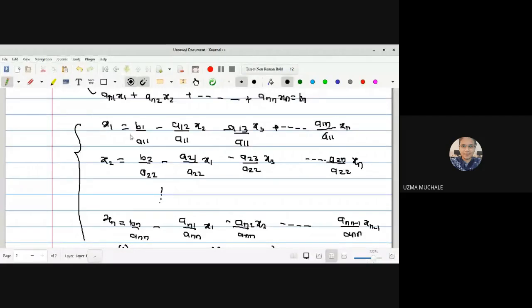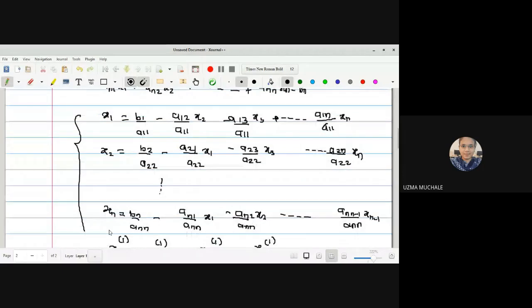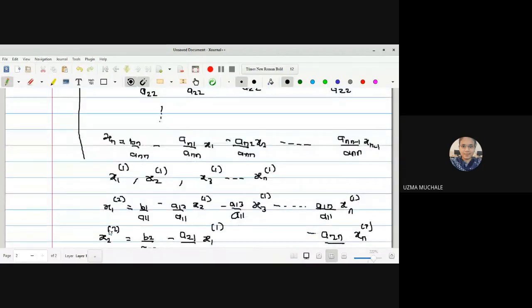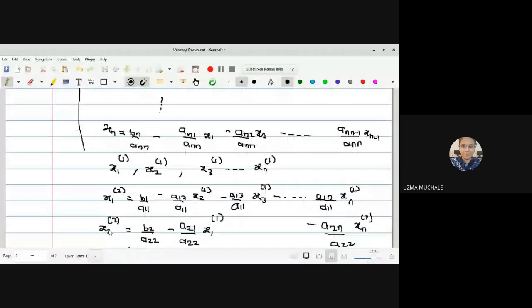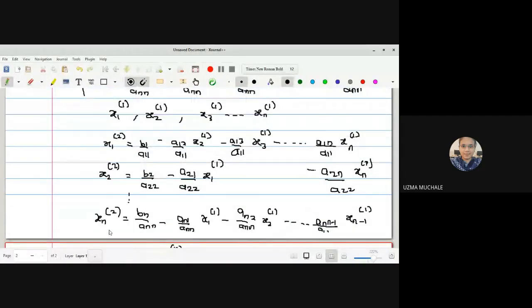So we have to put all these values in xn, and you will get the values of x11, x12, x13, and so on. This means these are the values of x1, x2, x3 we have obtained from the first iteration, and you have to follow the same procedure for finding the values of x1, x2, x3 in the second iteration. Getting me?